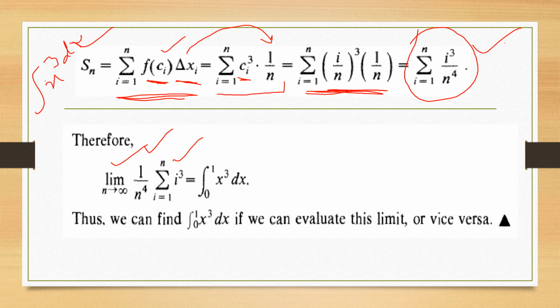Then according to the definition of Riemann sum, this integral is equal to this limiting value. Thus we can find this integral if we can evaluate the limit, or vice versa. Hope you have understood. Thank you.